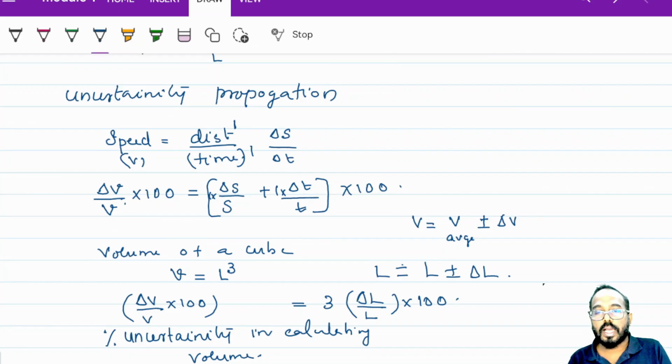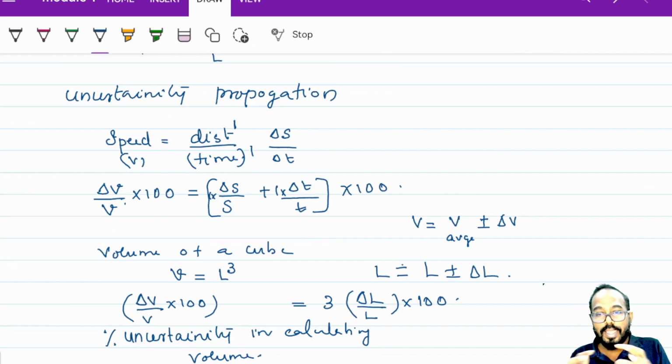Divided by 2, you will get the approximate value for absolute uncertainty. The error or uncertainty lies between the least value, the minimum value it can measure, right? From the first example, 1 mm is the minimum value. The error lies between those two, 10.3 and 10.4, right? Between these two values, the uncertainty is there.